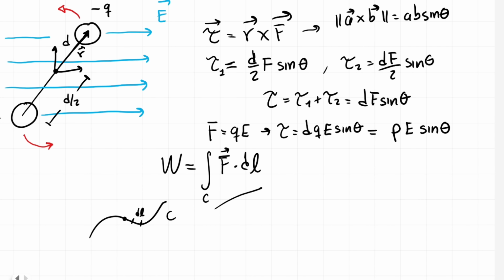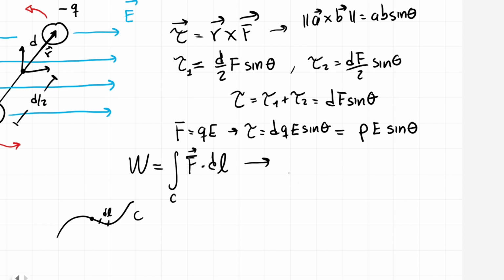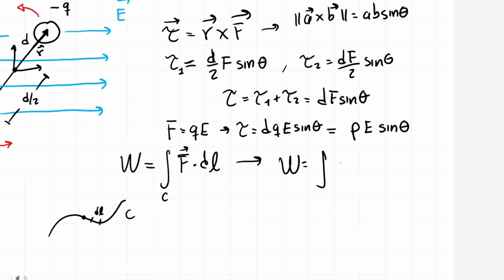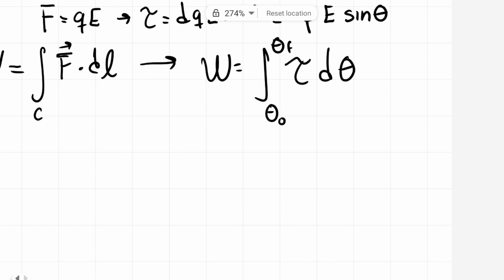This dipole is in circular motion, so the equivalent equation for this kind of motion is the integral of the torque d theta from an initial angle theta to a final angle theta. Okay, perfect.